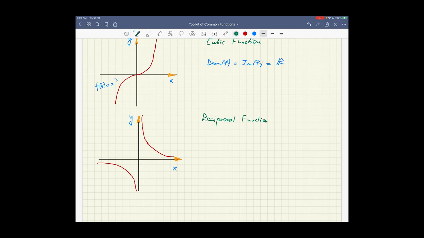And both the domain and the range, as we know, are the set of real numbers minus 0, which we can also write as the union of the interval negative infinity to 0 and the interval 0 to infinity.